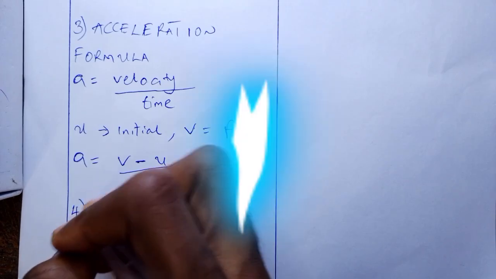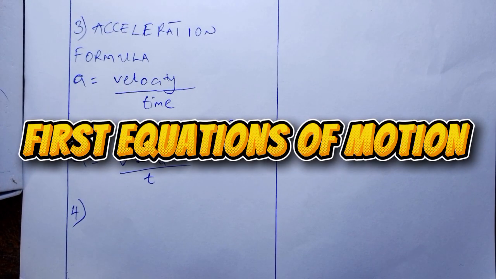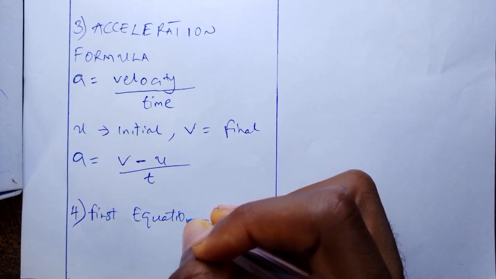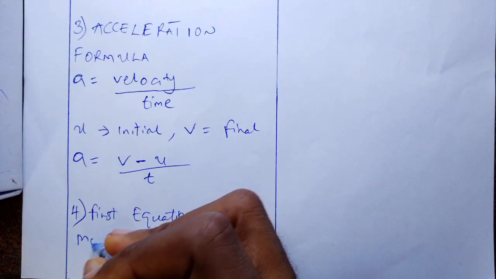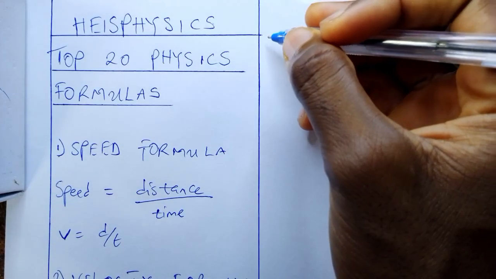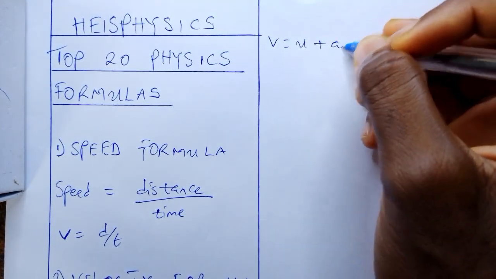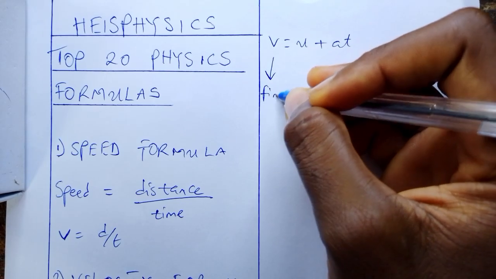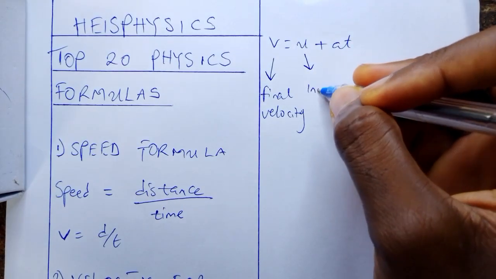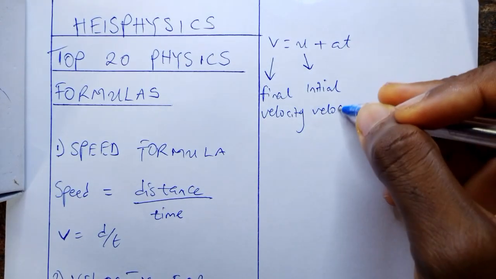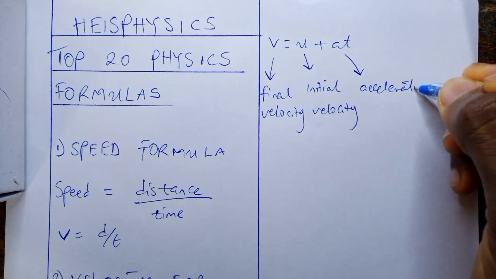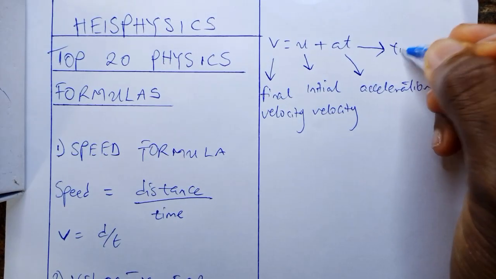Formula 4, first equation of motion. The first equation of motion is V equals U plus AT, where V stands for final velocity, U stands for initial velocity, A stands for acceleration, and finally T, as you all know, stands for time.